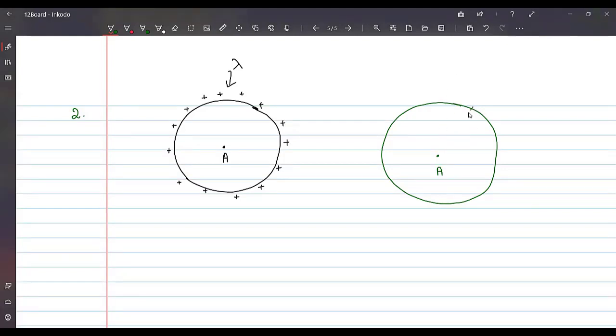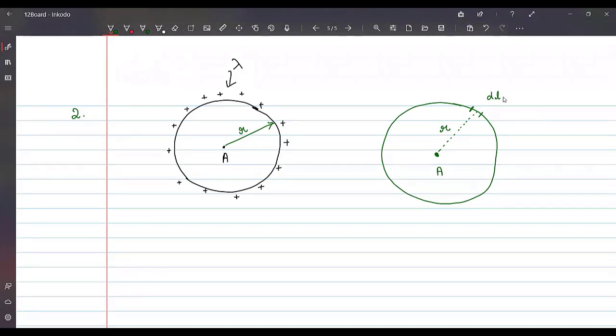I will take a very small length element. Let us call its length dl. The length of this is dl, and the radius of the circle is given, that is the value r. So this is r.